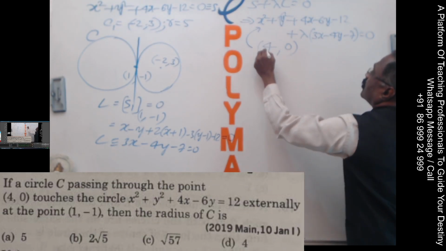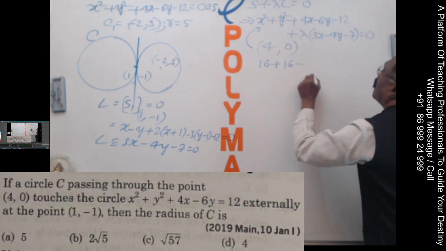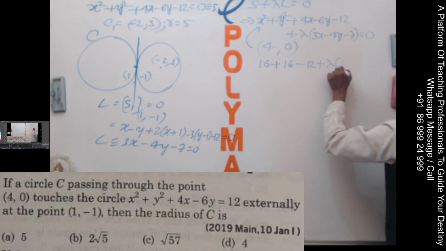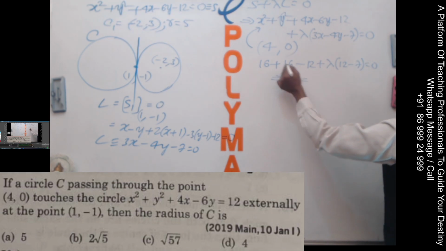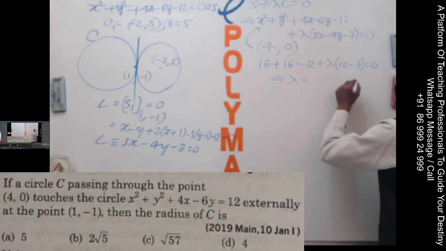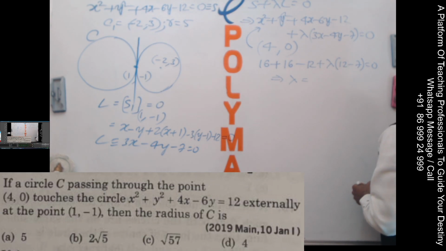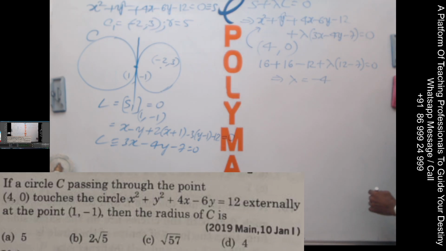Substitute here (4, 0): 16 plus 16 minus 0 minus 12 plus lambda into (12 minus 7) equal to 0, which implies lambda is minus 20 by 5, this is minus 4.